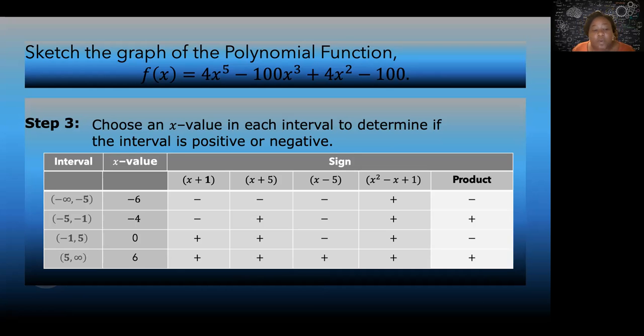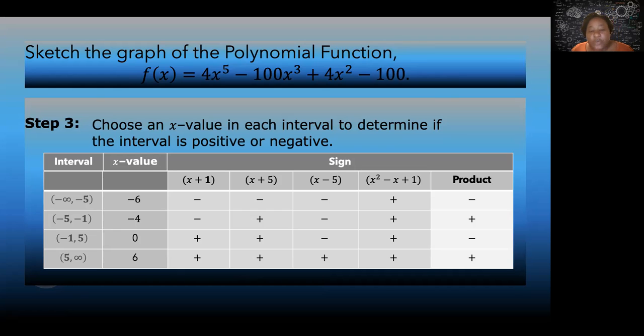The next interval would be negative 1 comma 5, and we chose the x value 0. When we chose the x value 0, we can just plug it into each one of those factors, and we see that the product would give us a negative. And for 5 comma infinity, we chose the x value 6.